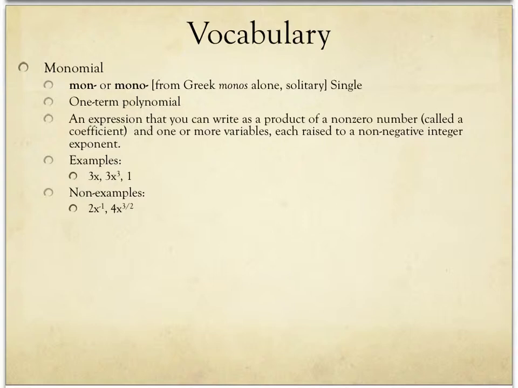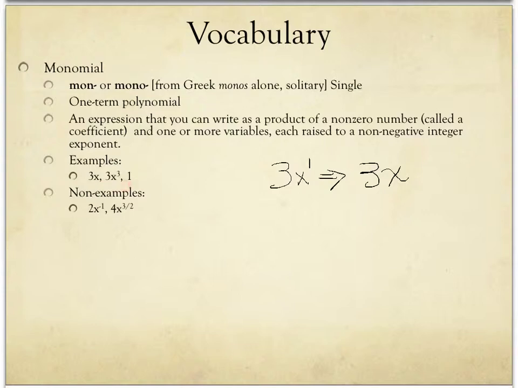So here are some examples of monomials. 3x would be a monomial, because what we have with this is 3 times x to the 1 power, and that is what 3x is equal to. 3x cubed is also a monomial.